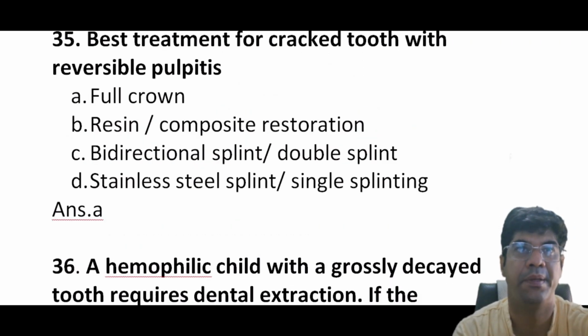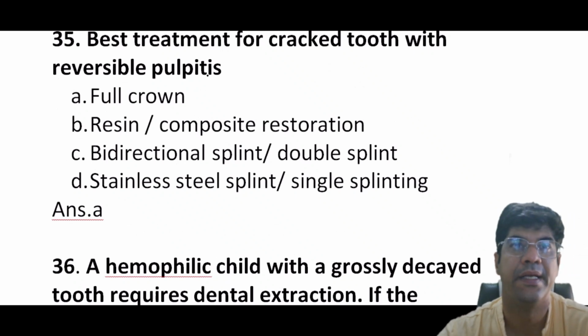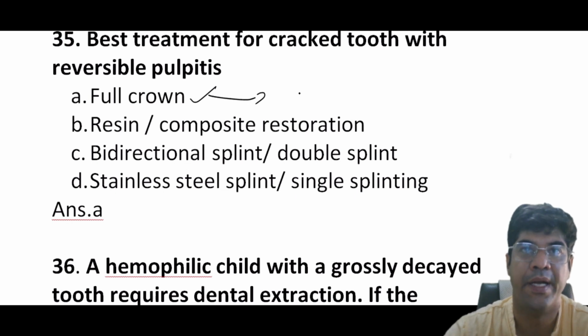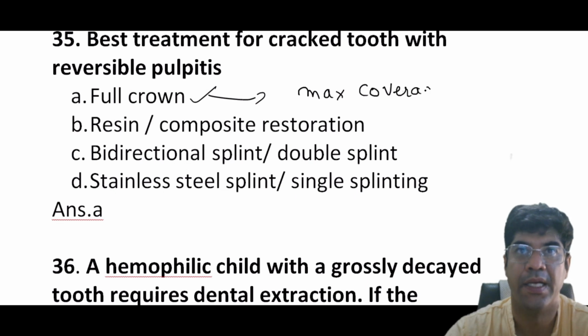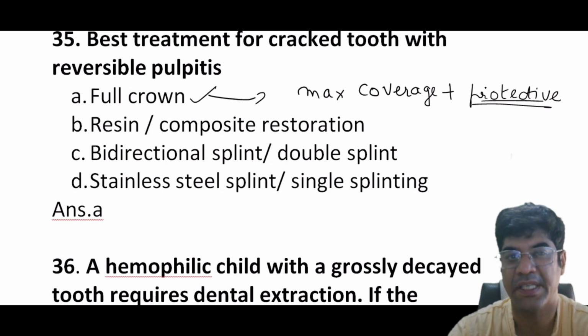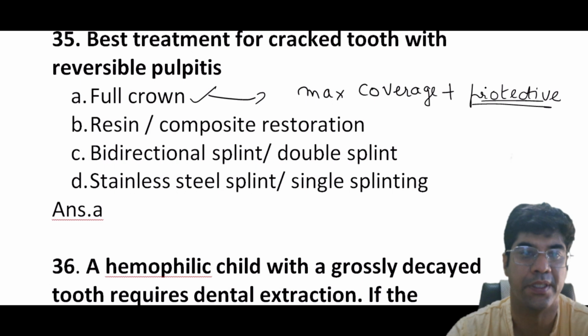The best treatment for a cracked tooth with reversible pulpitis is a full crown. Well, what are the advantages of a full crown? First of all, they provide maximum coverage as well as full protection. So it is best suited for extensive cracks and for teeth that need significant protection and restoration.